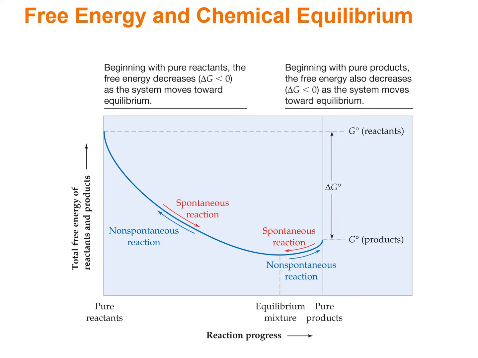One way that we can think of delta G is, if you look at it, we have the total free energy of reactants and products on the left-hand side. And the reaction is always trying to proceed to the equilibrium mixture where free energy of the reactants and products is minimized.